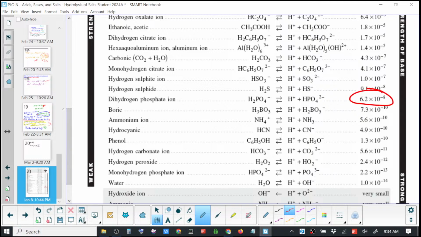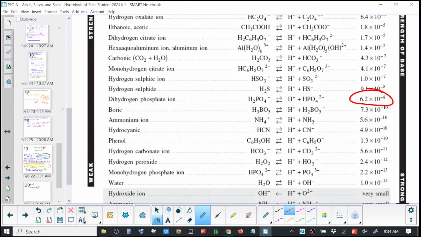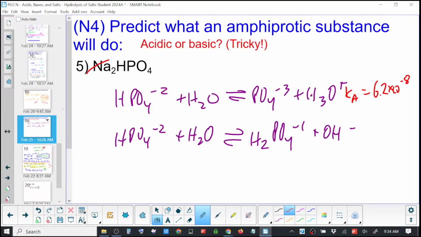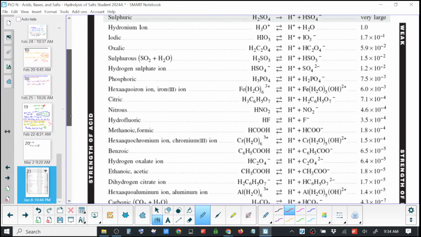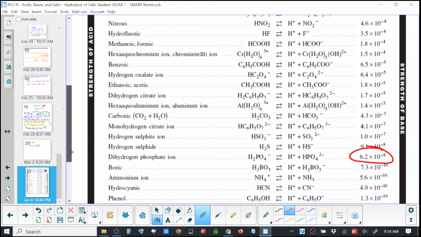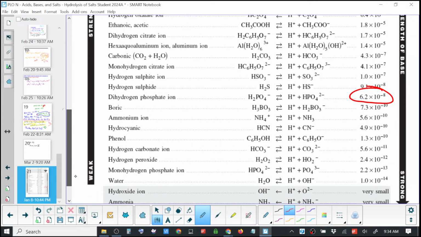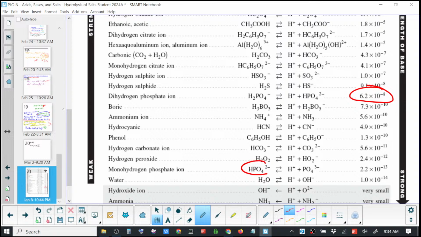I know this question appears in your test because I've read this test 1,000 times, and you will see it. This is a key piece of information. The Ka should be for HPO4, so I need to find HPO4 on the left. Where is it? Here it is. That should be the Ka. I wrote it wrong on the board because I was getting ahead of myself.